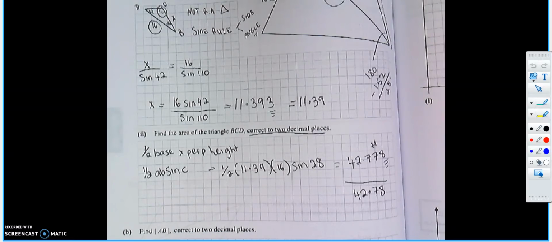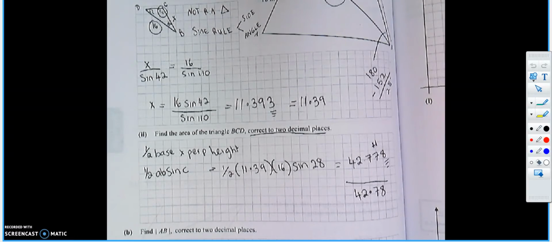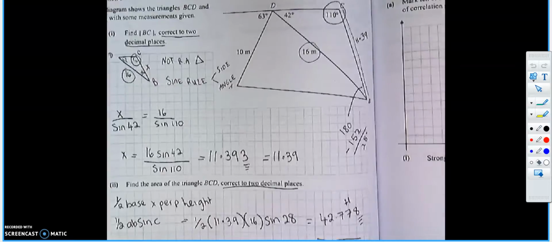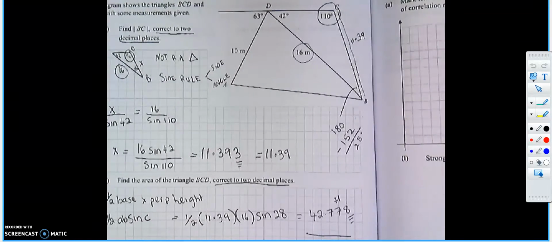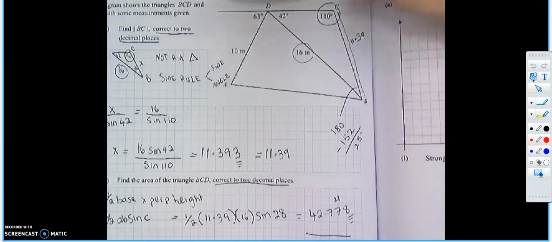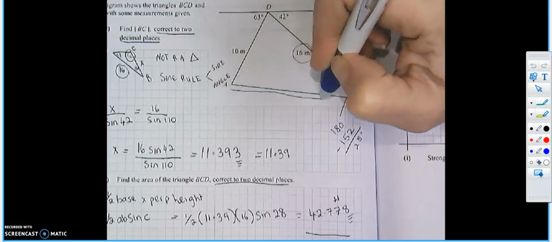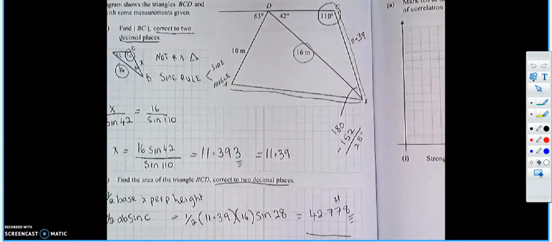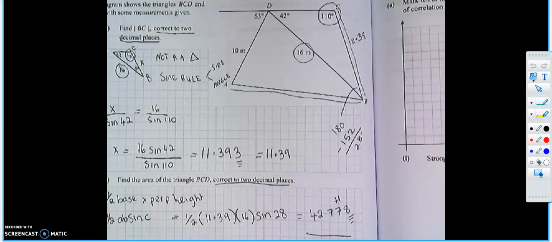The third part of this sum asks you to find AB, the length of AB, correct to 2 decimal places. So AB, back to our original triangle, is this side. In terms of this triangle, is that triangle a right angle triangle?